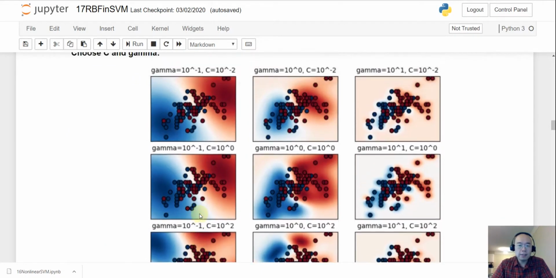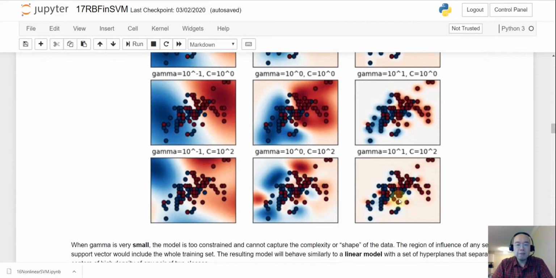Okay, and this is another comparison of the different combinations of the low gamma, medium gamma and high gamma, and also the low C, medium C, and high C. Again, on the upper left, if we have the low gamma and the low C, then we have a linear decision boundary or a linear margin, so we didn't really capture the curves of the decision boundary.